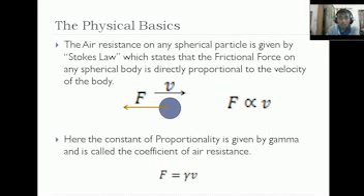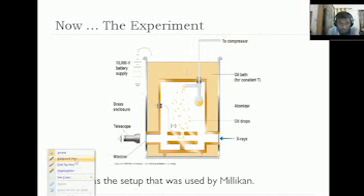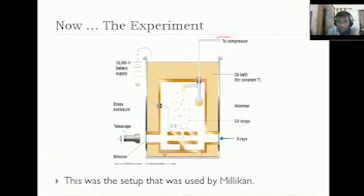Now let's move on with what happened in the experiment. In the experiment there was a metal chamber with a coating of brass outside it. At this position there is something like a compressor, linked to an oil chamber in which oil was kept at very high compressed pressure.